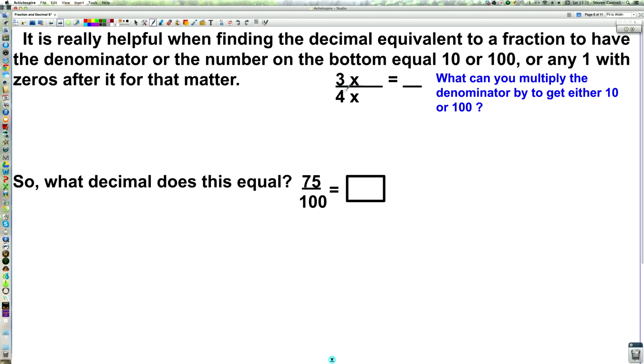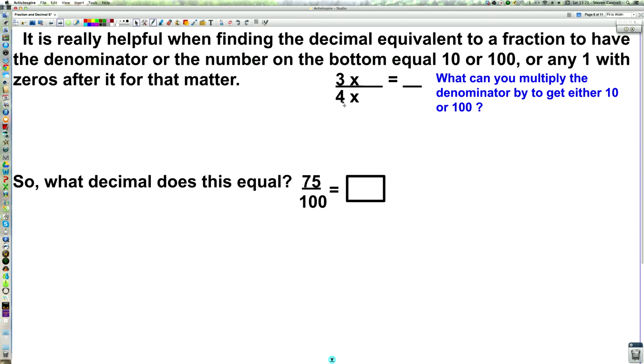Well, I can get kind of close to 10 if I multiply this by 2, but it's not 10. Now I can get to exactly 100 if I multiply this number by another number. What can I multiply it by?